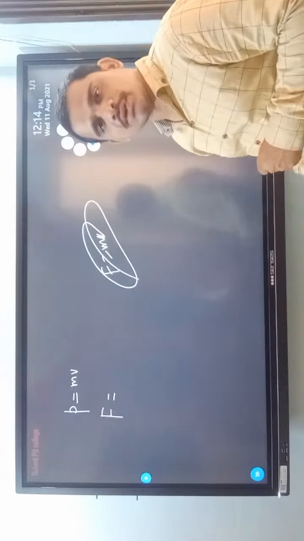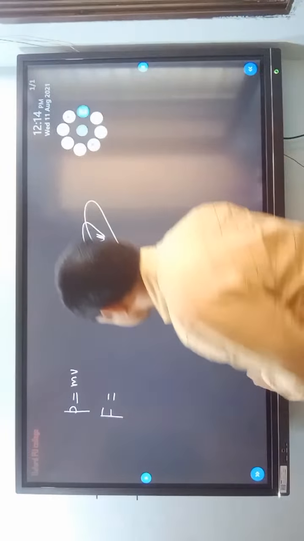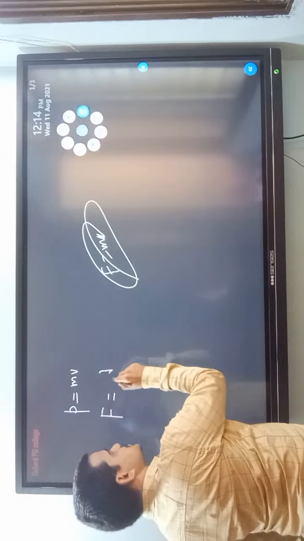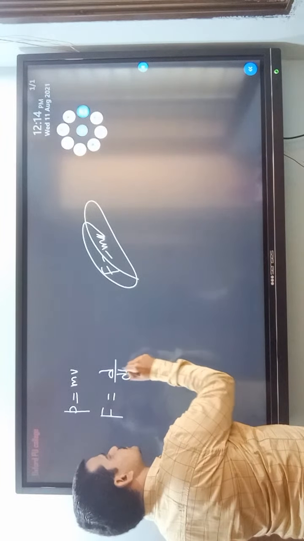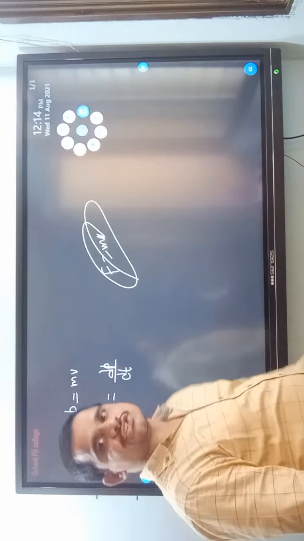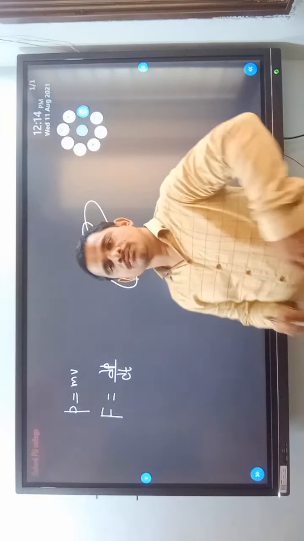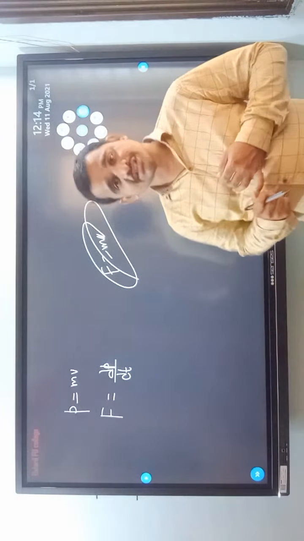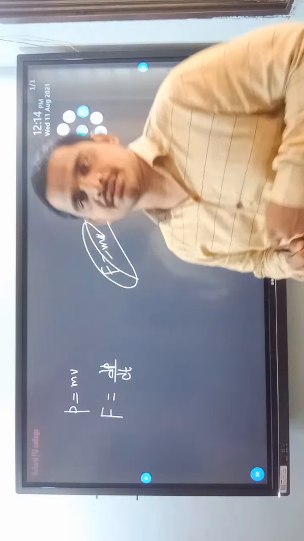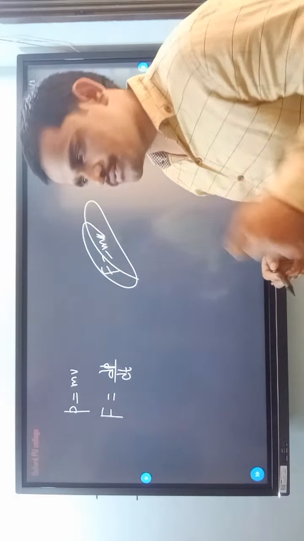But force is the rate of change of linear momentum. Understood here? Force means rate of change of linear momentum.